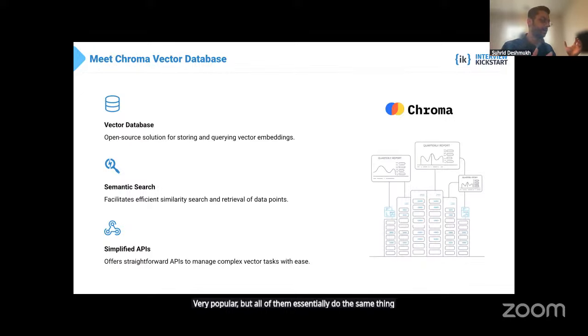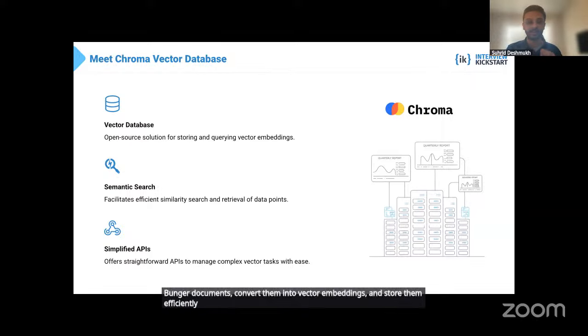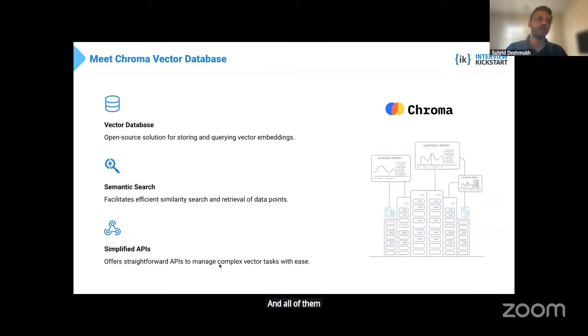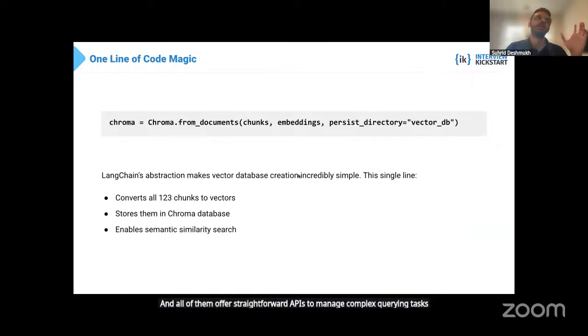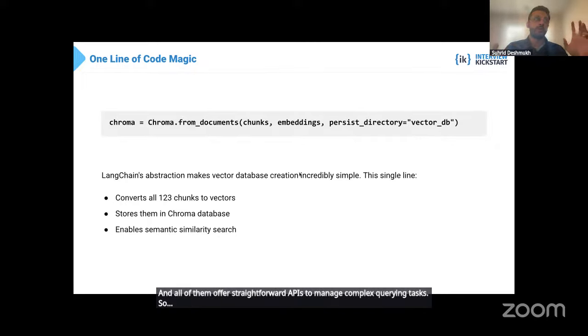They take a bunch of documents, convert them into vector embeddings, and store them efficiently for fast retrieval. And all of them offer straightforward APIs to manage complex querying tasks. Most of them also have good documentation.